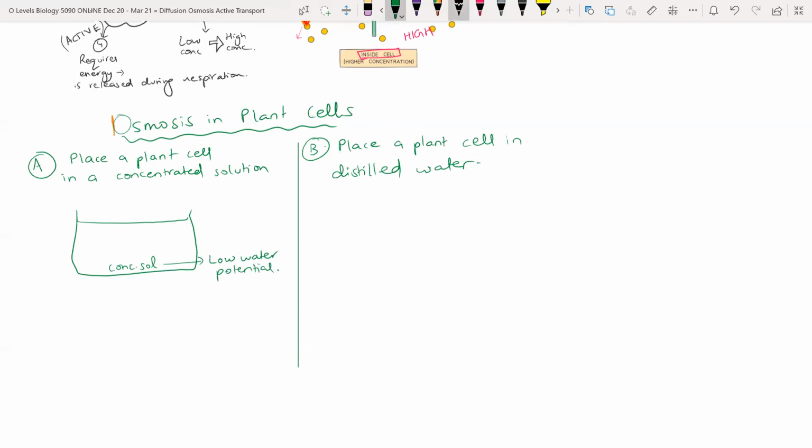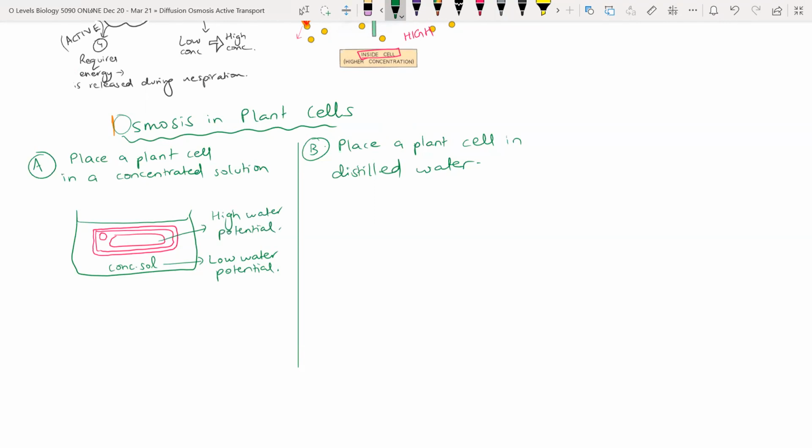Now imagine that I place a plant cell. Of course, the plant cell is not this big. Just for the sake of understanding, what if I place a plant cell here? So let me completely draw what a plant cell would look like. In a plant cell, let's assume that the water potential is high.